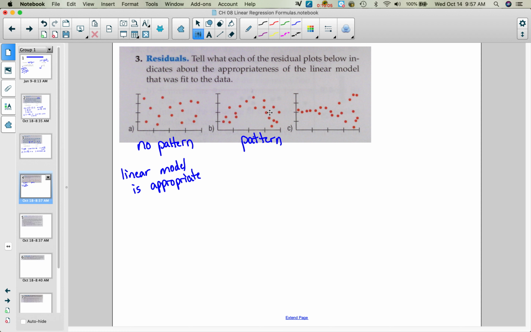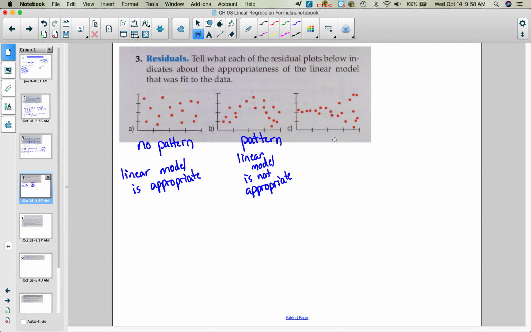So because the residuals are showing a pattern, a linear model is not appropriate. You don't have to know at this point what kind of model is appropriate. We'll investigate some nonlinear models later, but right now you just need to know that if a residual plot shows a pattern, then a linear model is not appropriate for that data.